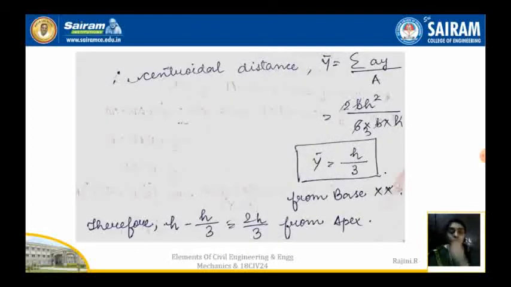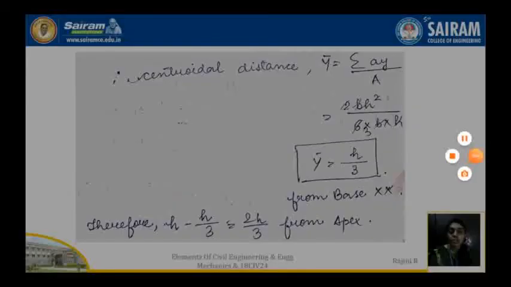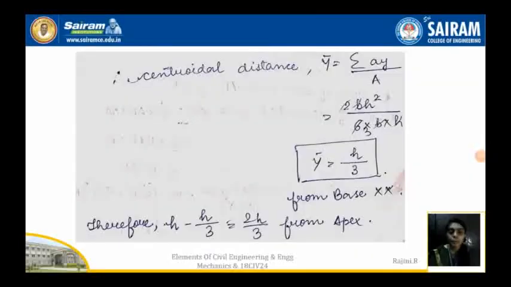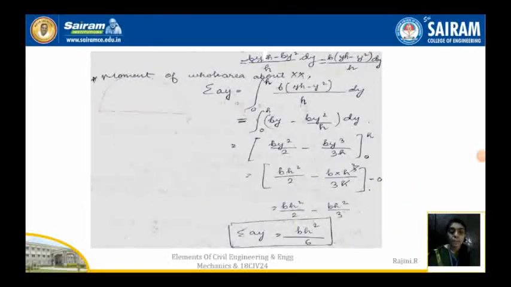Now at last we are putting this into the formula. The centroidal distance y bar is equal to summation of ay divided by A. Whatever answer you are getting, I'll go back. Here you can see bh square by 6.